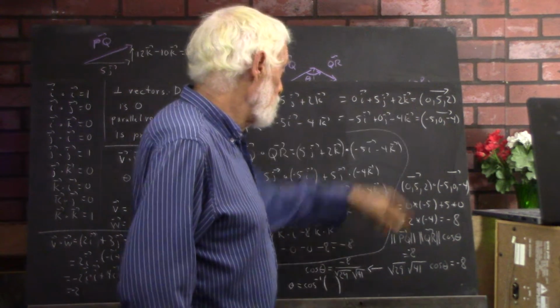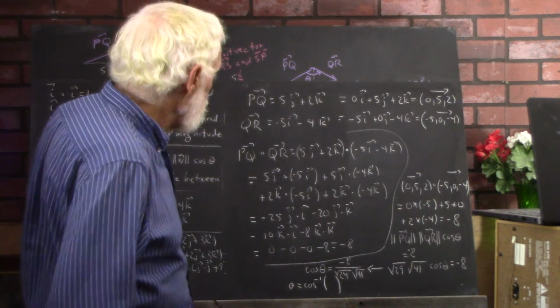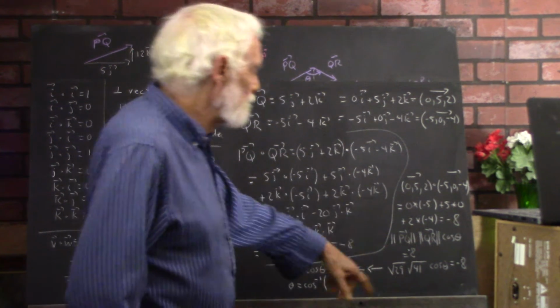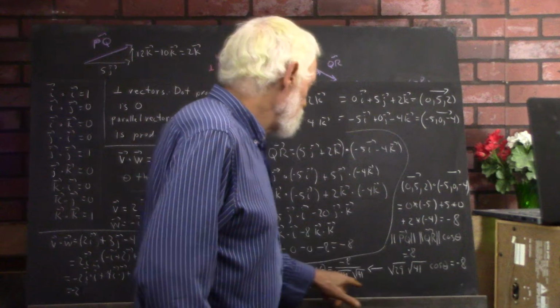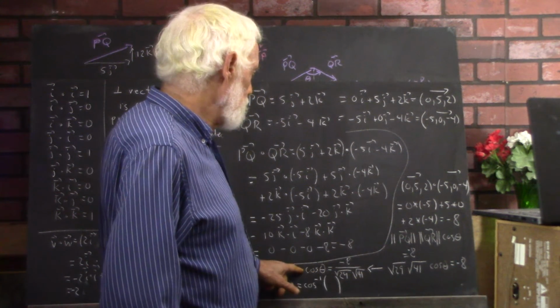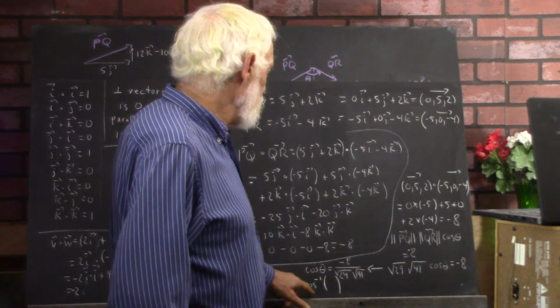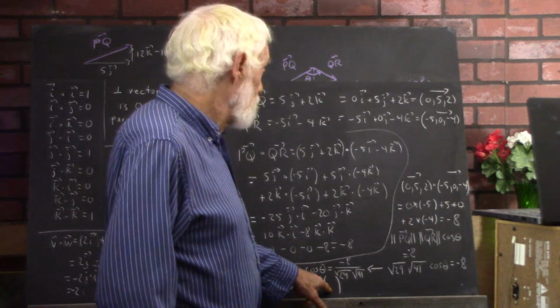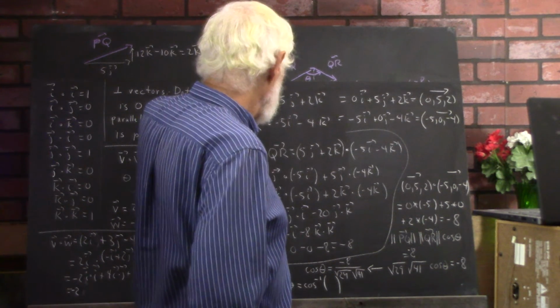This is the way you're usually going to do it, but you need to see this. And then cosine of theta is negative, well, and then we solve. Divide both sides by square root of 29, square root of 41, we get cosine theta. So theta is the inverse cosine of this quantity, which I didn't have room to write in the parentheses.